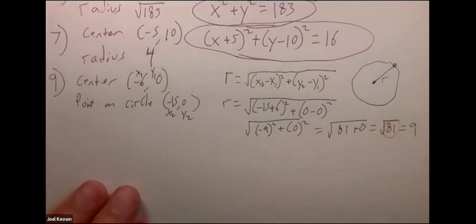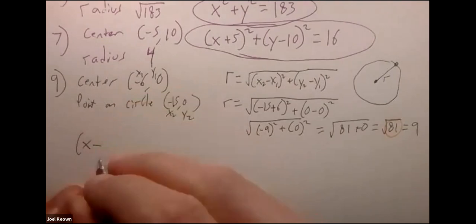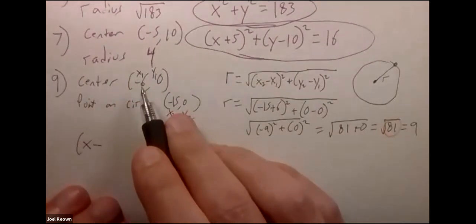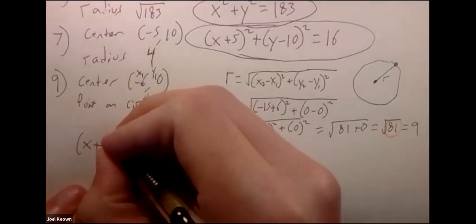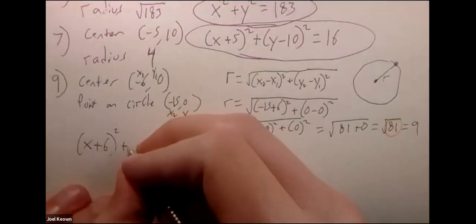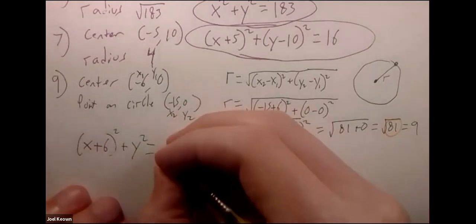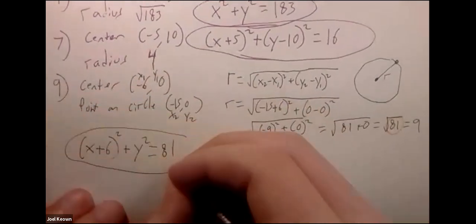So when I plug into my formula, I have x minus, well, my center is negative 6, so it's going to be x plus 6. The y value is 0, so we have plus y squared equals, my radius squared is 81.